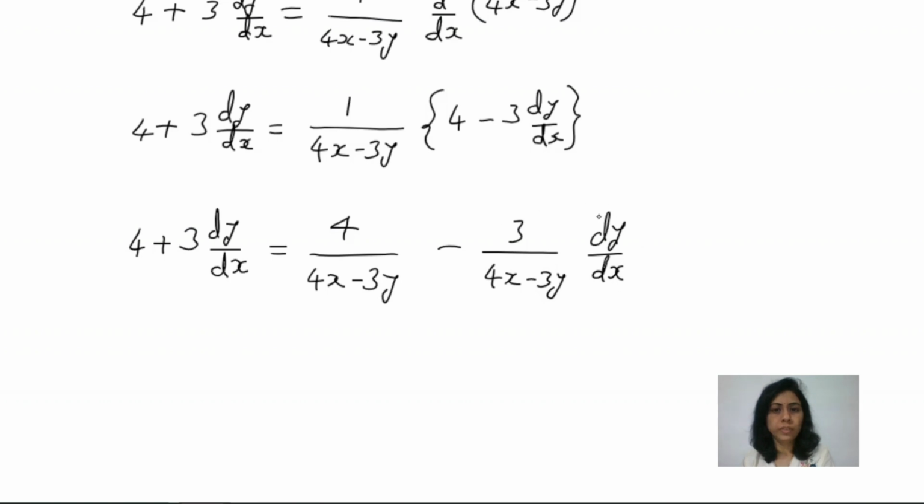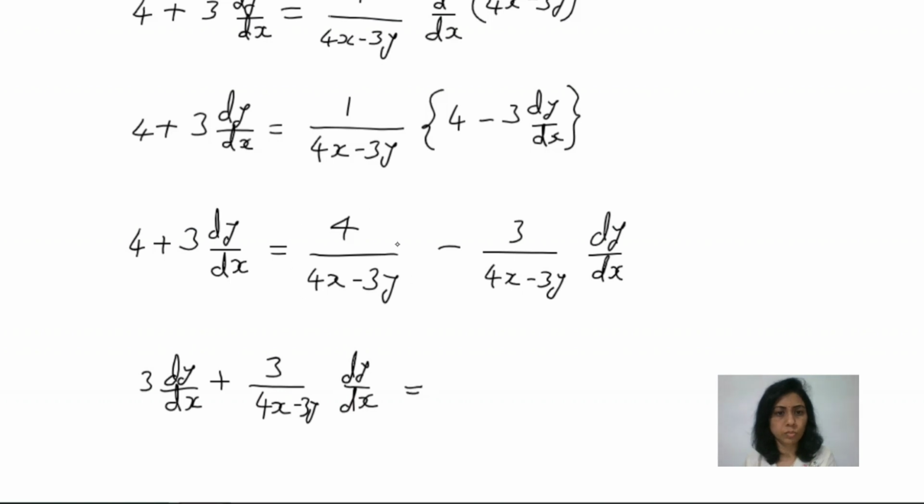All dy upon dx terms shift to the left side, and this 4 shifts to the right side. So 3 dy upon dx, and this will be plus 3 upon 4x minus 3y dy upon dx is equal to this one, 4 upon 4x minus 3y, and 4 transferred to this side, so it will be negative.